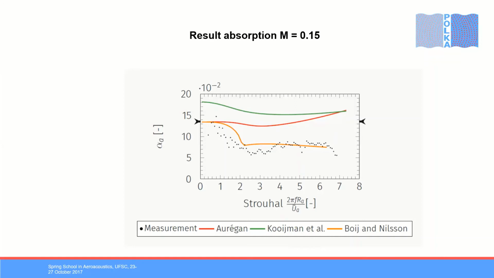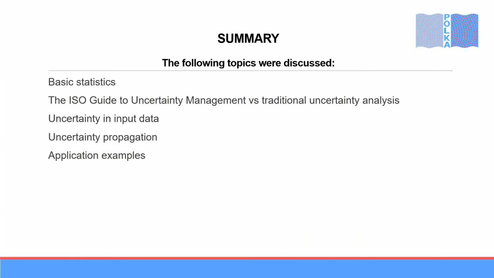And here we see that the measurement seems to agree fairly well with the Boij and Nilsson theory. So this was just to show that it's important to make these accurate measurements to compare to theory.